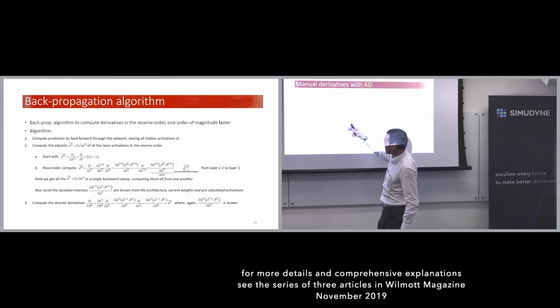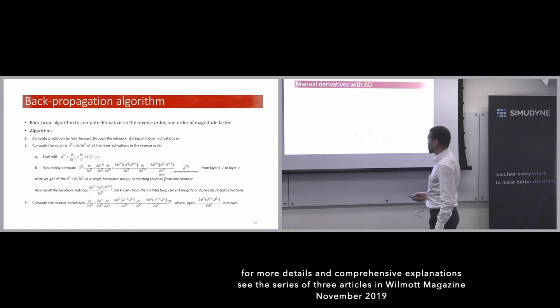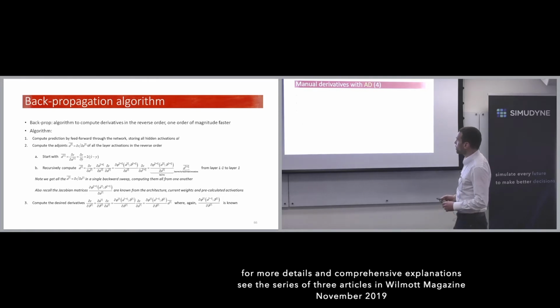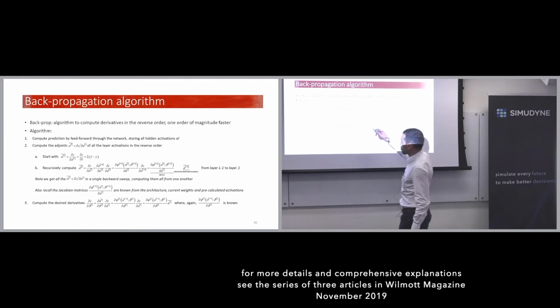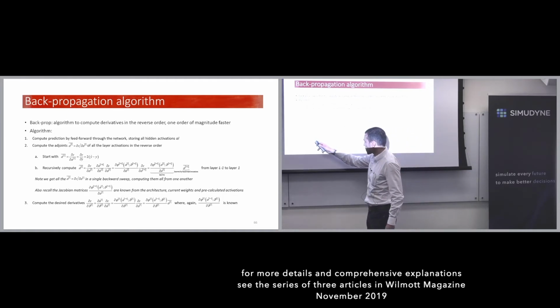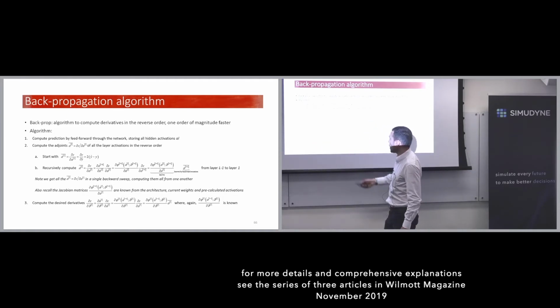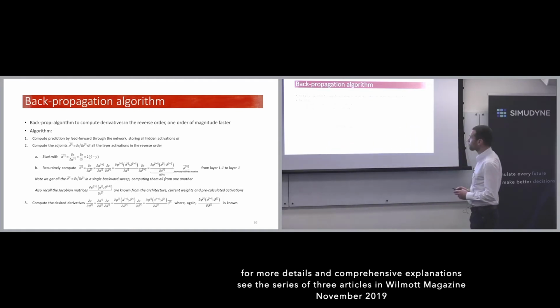So once we know the sensitivities to all the activations from backpropagation, we can compute the desired sensitivities to weights by multiplying dC/dA_L by a known Jacobian matrix of dφ_L/dθ_L, and that gives us the dC/dθ_L that we need.